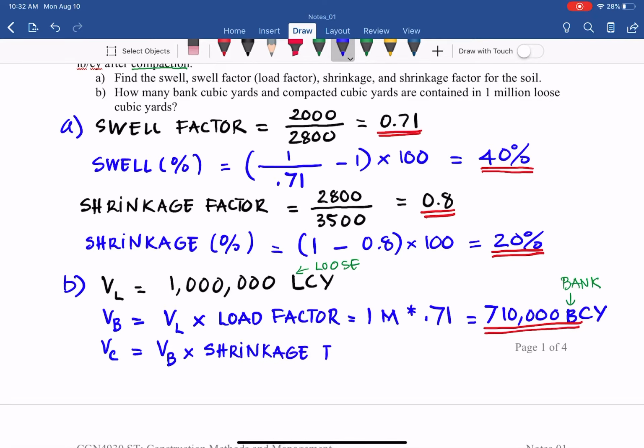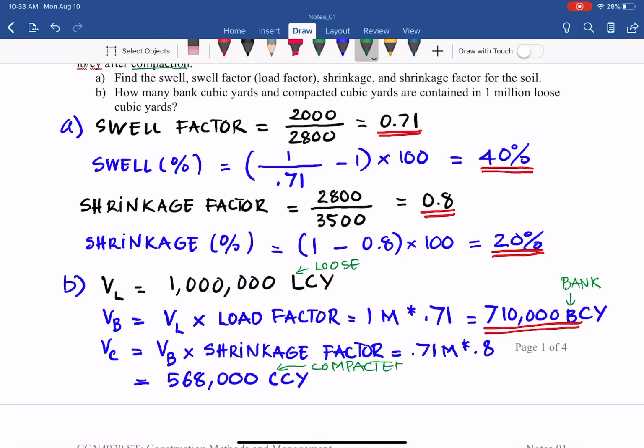That equals 0.71 million times shrinkage factor 0.8, and that equals 568,000 CY, but not enough. It has to be CCY, and C stands for compacted.